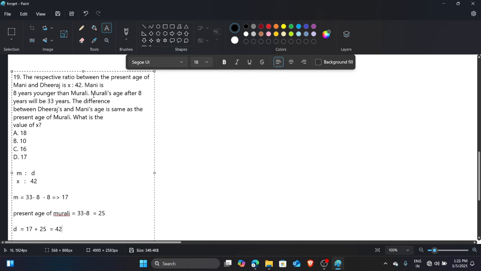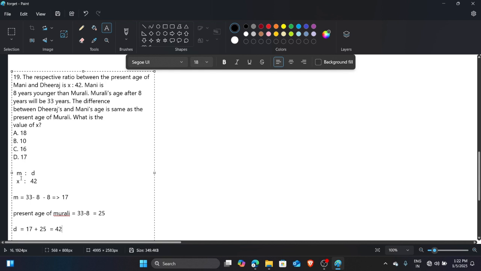Yeah, it is okay. Yeah, simple. Yeah, we get the answer. If the Dheeraj age is 42, and the ratio is also 42, it means 1 unit is equal to 1 unit.